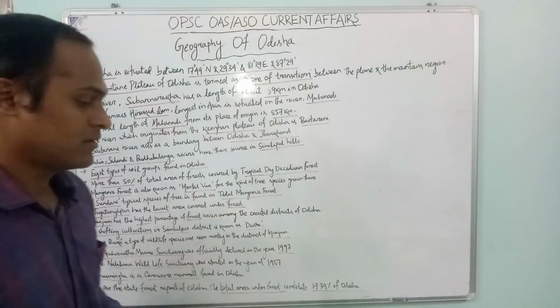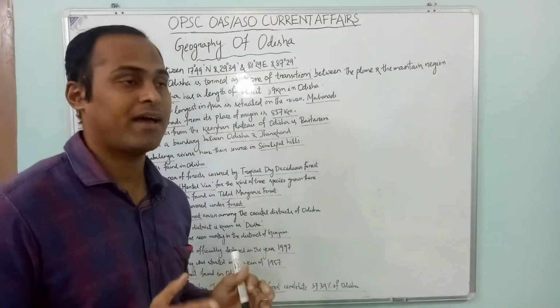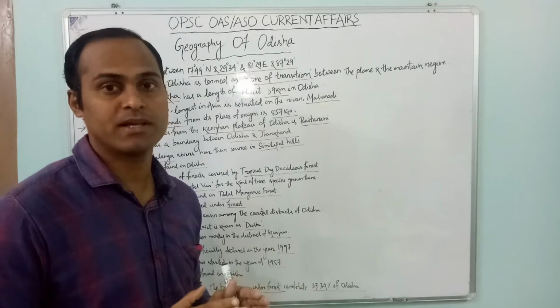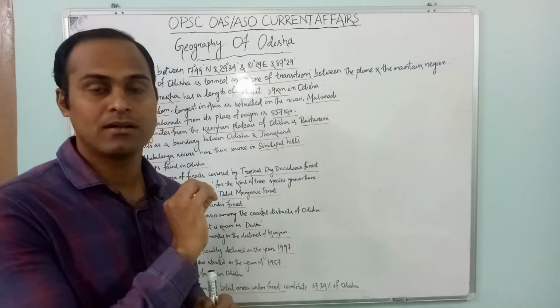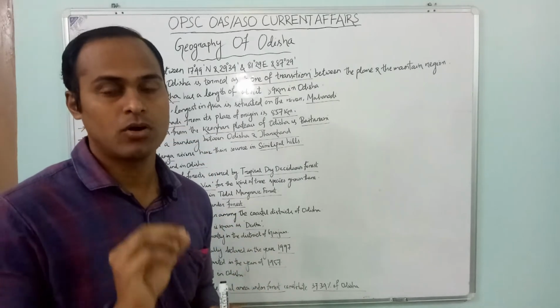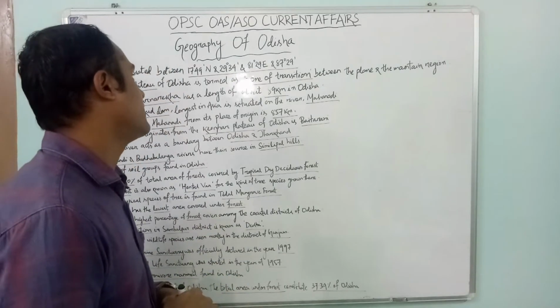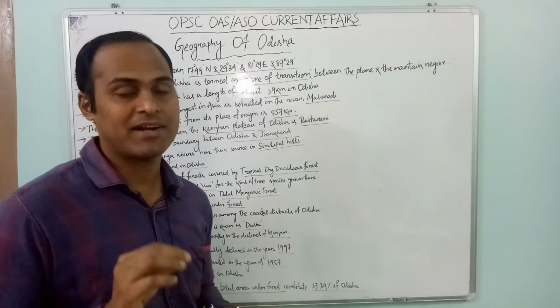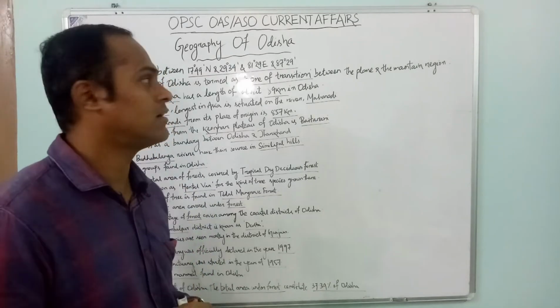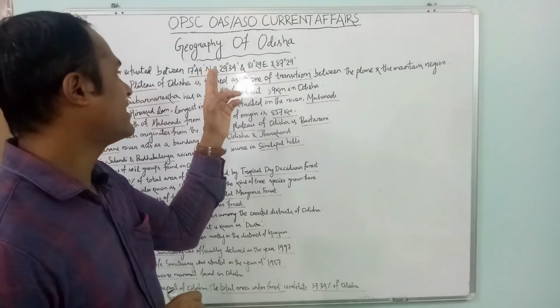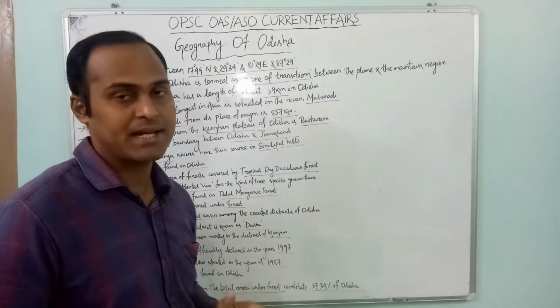See where Odisha is situated. You need to know the latitude and longitude where Odisha is situated. It is 17 degree 49 minute north to 29 degree 34 minute north.